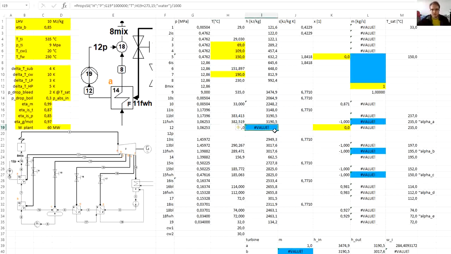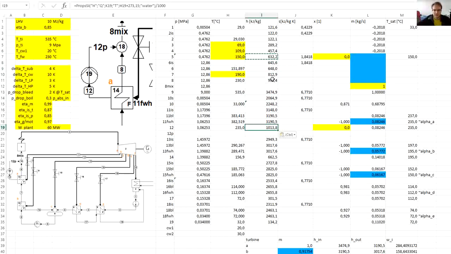Now, of course, the function of enthalpy would not give correct values, because it was considered to be for single phase fluid. But we have pressure and quality, or temperature and quality, and we can use these two to get our enthalpy. We actually use the same function, for example, for the point number 5, which was also at the saturated level. So we can just copy the function and get the enthalpy.